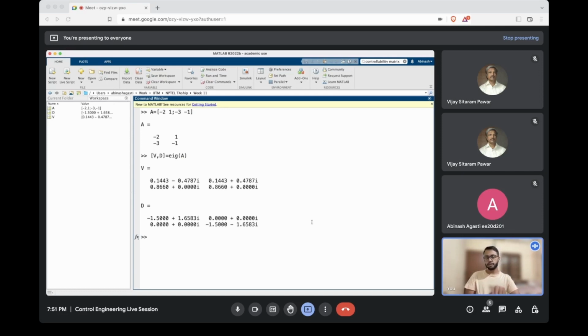The D matrix is a diagonal matrix, and its diagonal elements are the eigenvalues of the given input matrix A. And V consists of columns which correspond to the eigenvectors of the given eigenvalues, right? So from here we can obtain the eigenvectors.